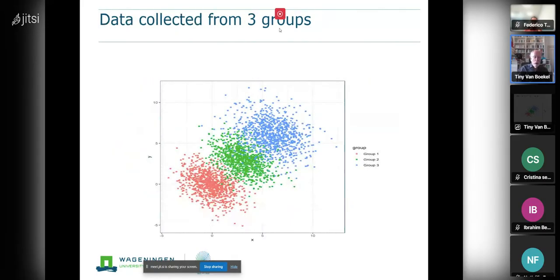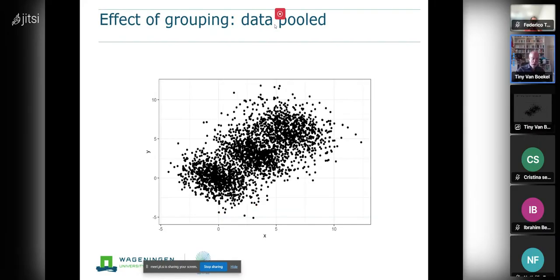So let me just give you a first hypothetical example. Suppose that we have measured something, it does not matter what it is, and we have measured it in 3 groups, and this is the outcome of the response Y versus the response X. Now, if you neglect the fact that these are 3 groups and you just pool everything together, you get this result.